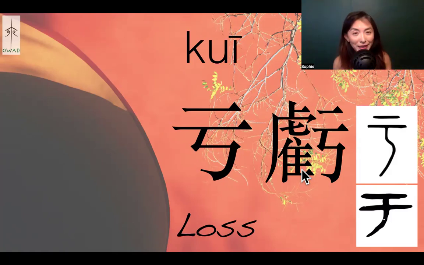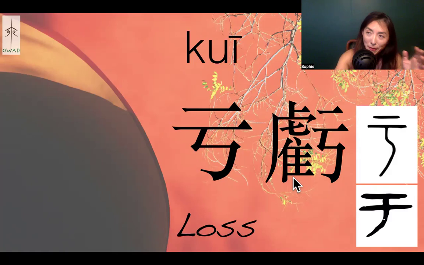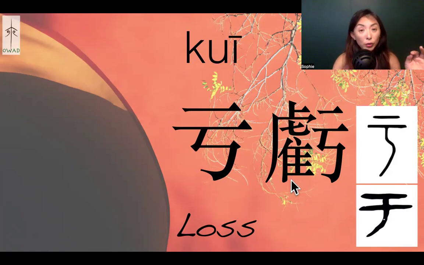No, this is one of the many depictions of observing some distinctive features of that bird and grabbing from existing icons and putting them together to mean that particular type of bird. Okay, so I don't even remember how this one is pronounced because it's not a commonly used character.